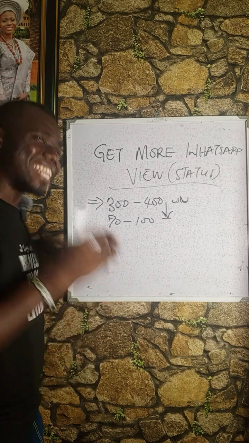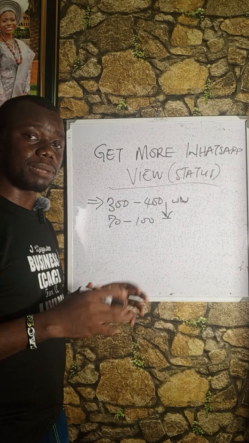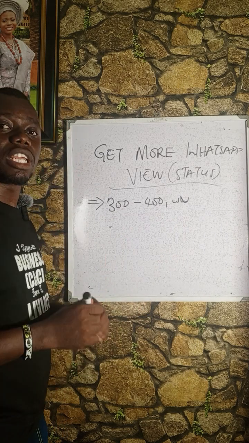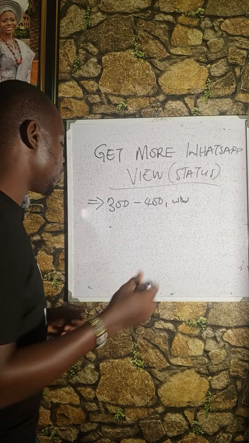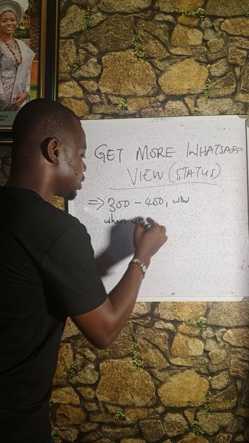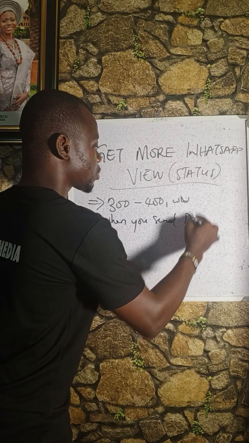So this is it now, the new dynamics for WhatsApp status views. First, you need to understand that people will see your status only when you send a DM to them.